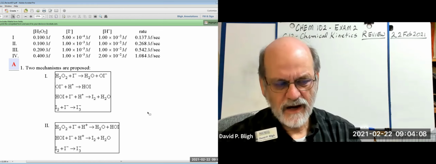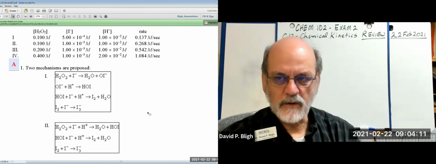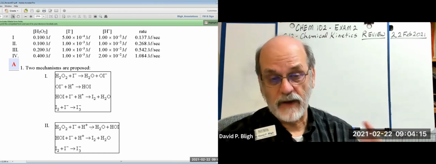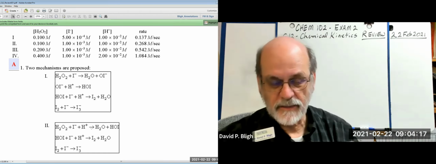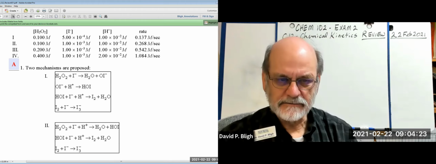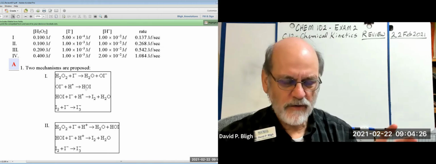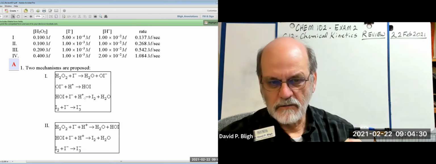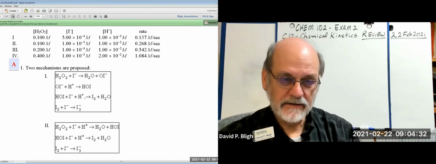Because there's a lot of art in determining mechanisms. That's why you're given these two to choose from, not just to create one from whole cloth. But even then, the reasoning behind it, and I tried to stick to what I thought the authors wanted the reasoning to be, really isn't solid.